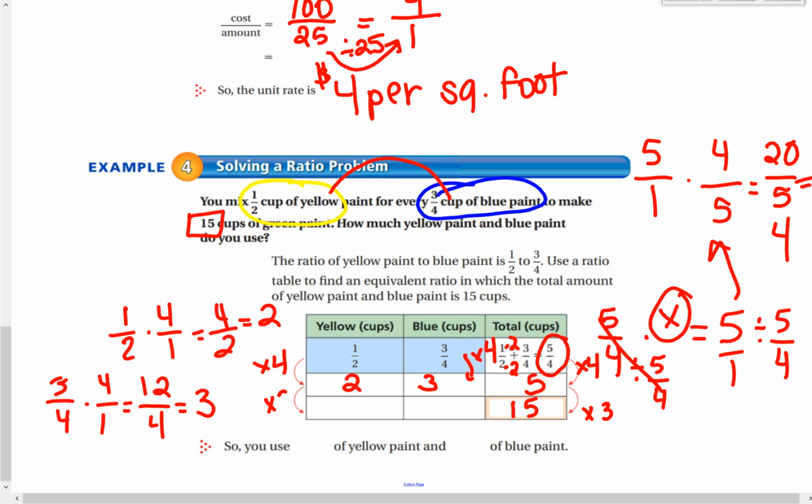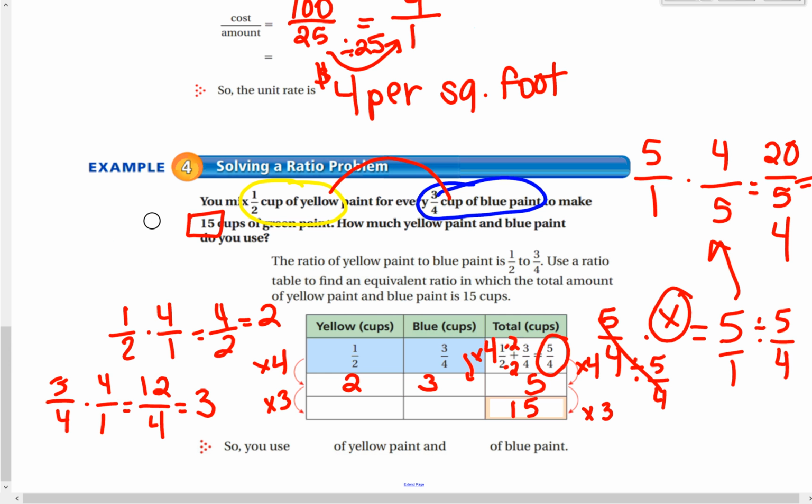Whatever we do to one number, we have to do to both the others. So 1/2 times 3, which is 3 over 2. Hold on, sorry, we're not multiplying 1/2 times 3.